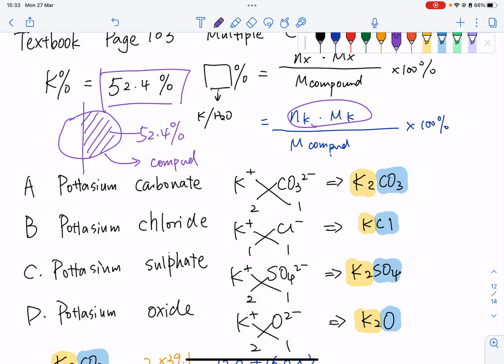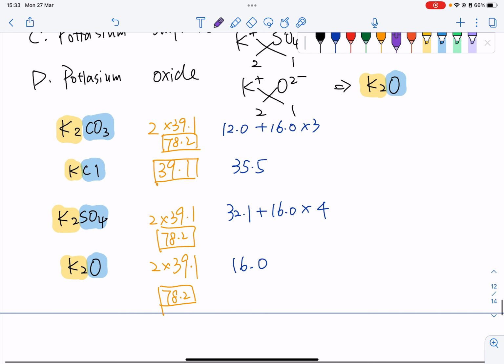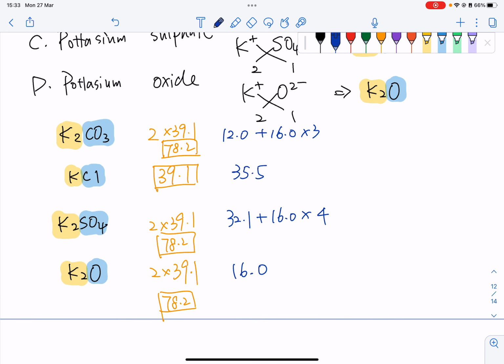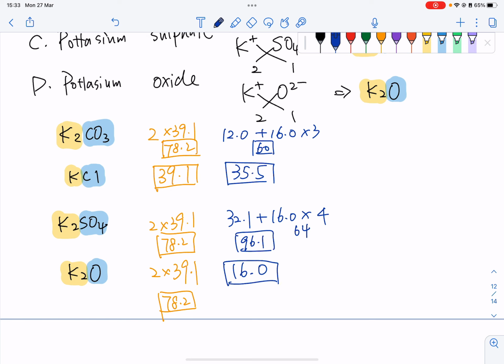If you find it a bit hard to follow, let's take a look at the numbers. Here would be 48 plus 12, this one is 60. That's 35.5. Here is 64.3, 32.1 plus 64, so here will be 96.1, and also 16 here.